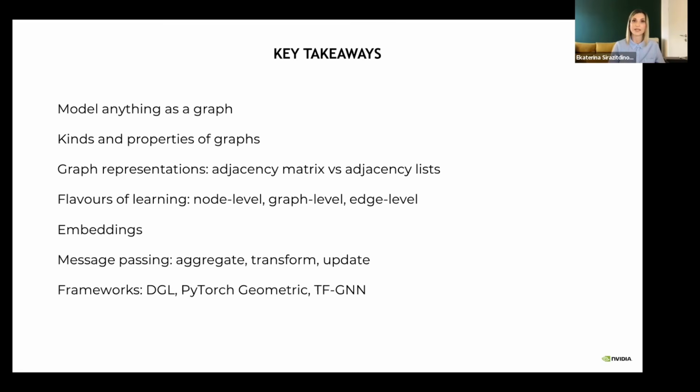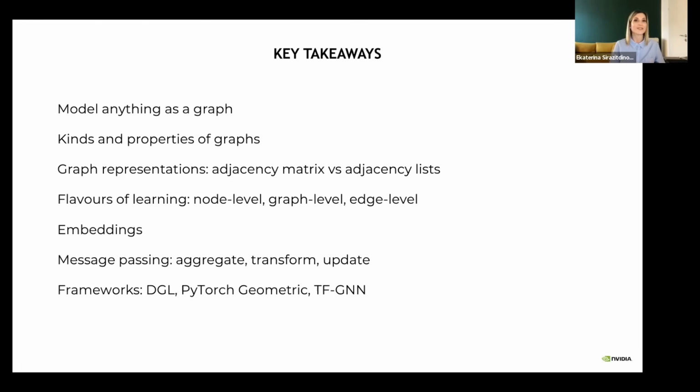We have learned different flavors of graph learning. So we have tasks where we want to do node level, graph level, and edge level predictions. And we've learned that the key way to learn with graphs is by using embeddings. We've got familiar with the message passing concept, which is the driving concept behind message passing graph neural networks.